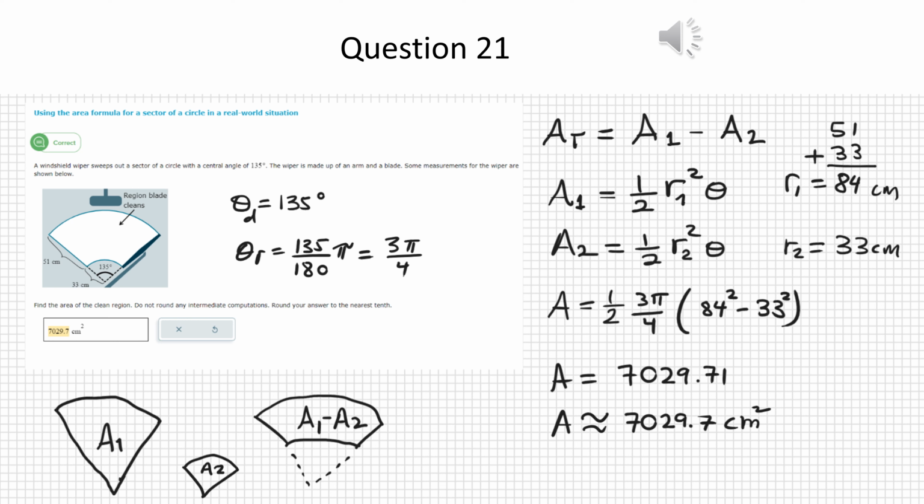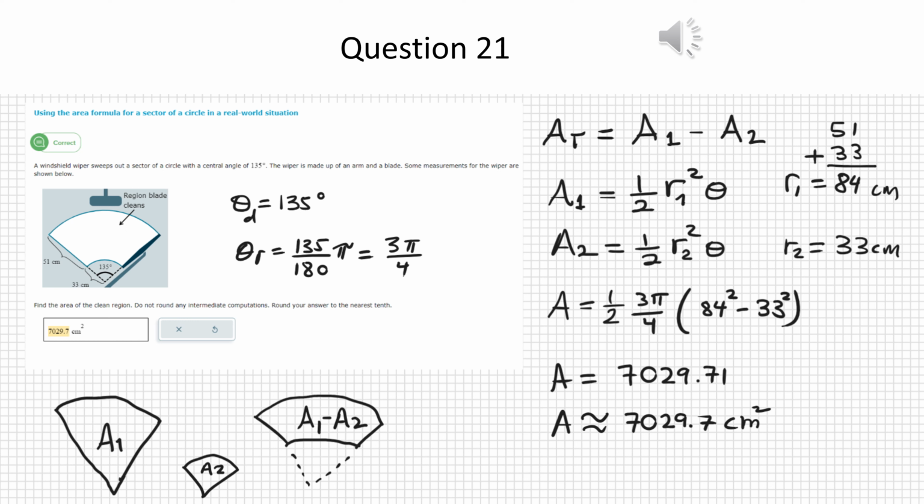Okay, cool. Because the total area is equal to the area 1, which is the area associated with the big radius, where the big radius is 51 plus 33, which is 84 centimeters. You don't necessarily compute that, you put it into the formula, so we have 1/2 as a common factor.